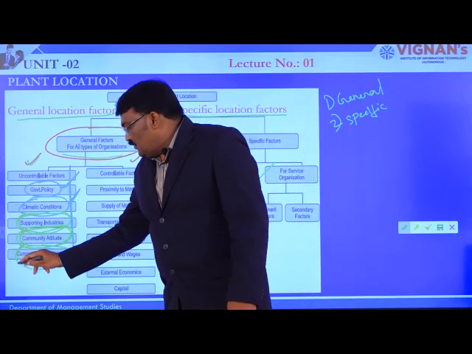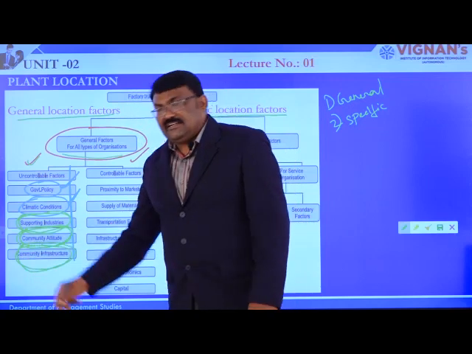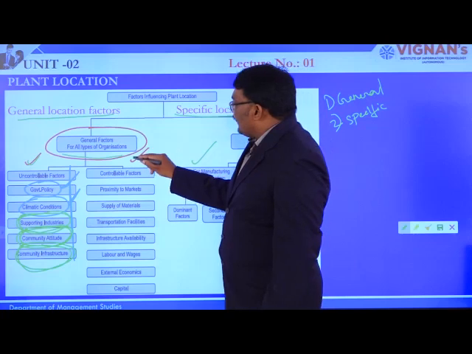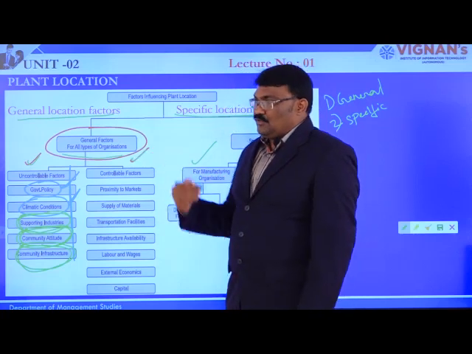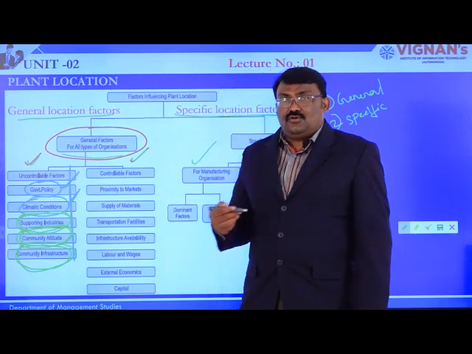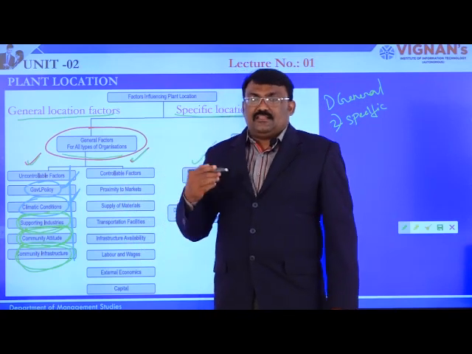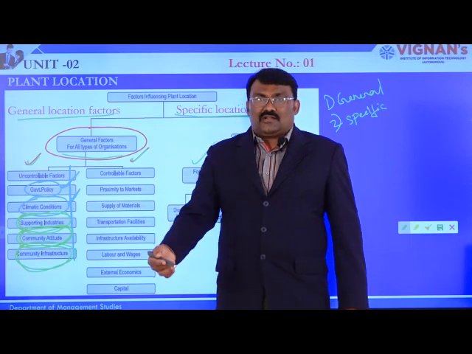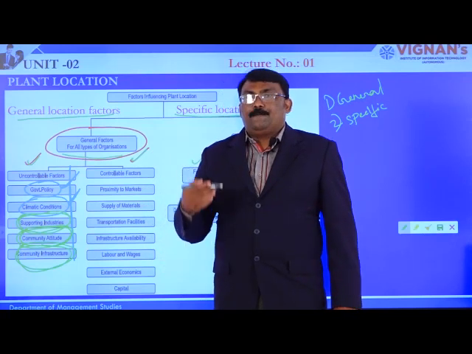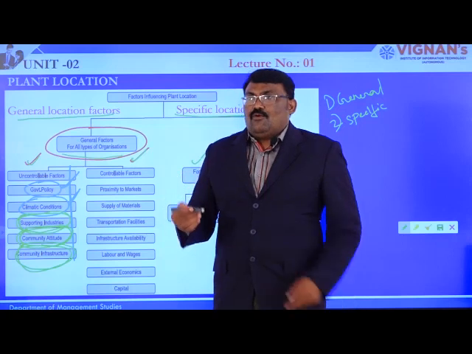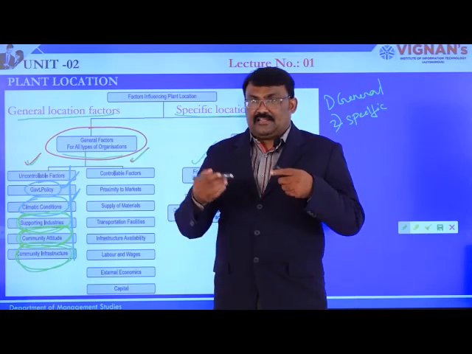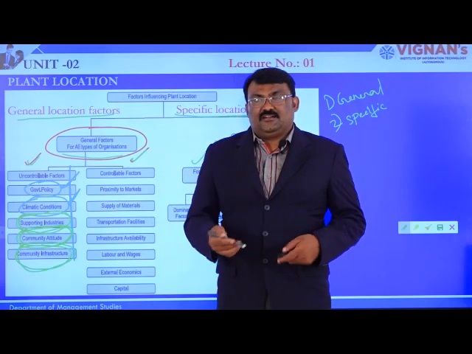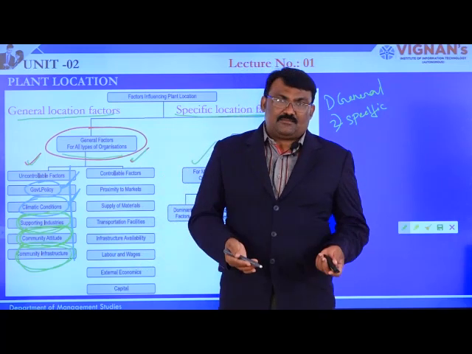Similarly, community infrastructure. What is community infrastructure? When a company wants to establish somewhere newly, the employees who are going to work in that organization may require facilities like housing to stay with their family members, school facilities for their children, and hospital facilities for their family members.